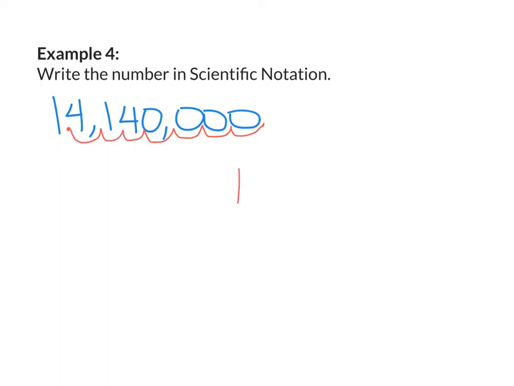That means it's going to be 10 to the power of 7. I know my exponent is going to be positive because this number is greater than 1. Now I'm just going to add my numbers in the front, which is 1.414 and my multiplication sign. So now this is written in scientific notation.